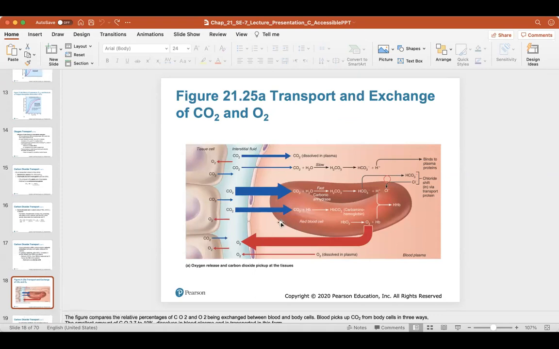So this just shows how carbon dioxide is transported into your red blood cells, and then it undergoes this reaction that forms bicarbonate ion, which then leaves your red blood cells and travels into the plasma. So again, about 70% of your carbon dioxide is transported in the body as this bicarbonate ion in the blood plasma. And the chloride shift just refers to the bicarbonate ion leaving the red blood cells and the chloride ion entering the red blood cells.